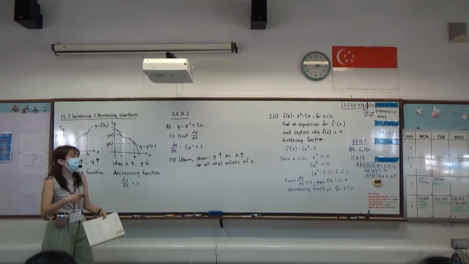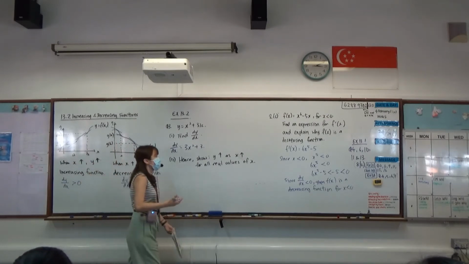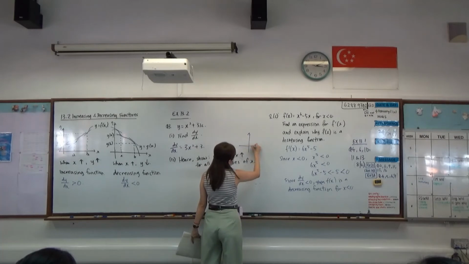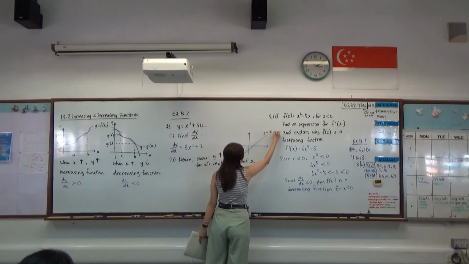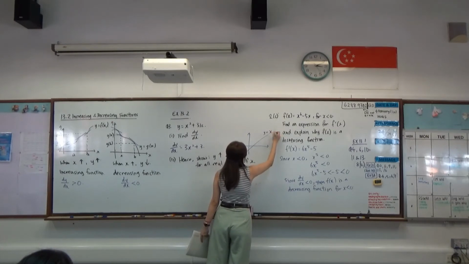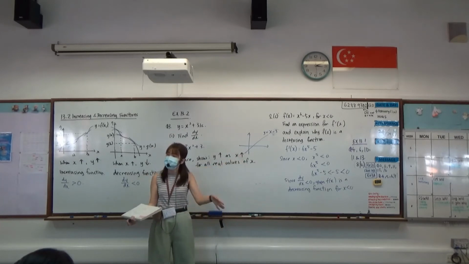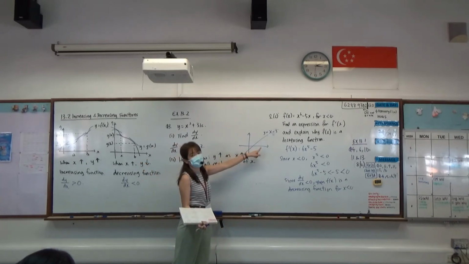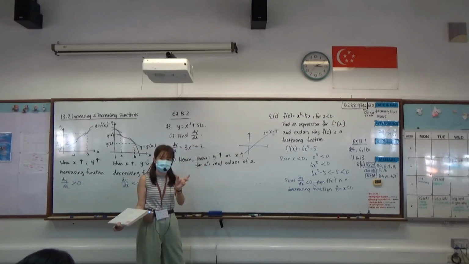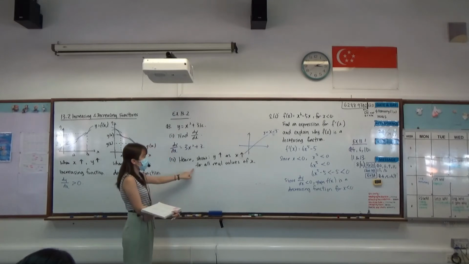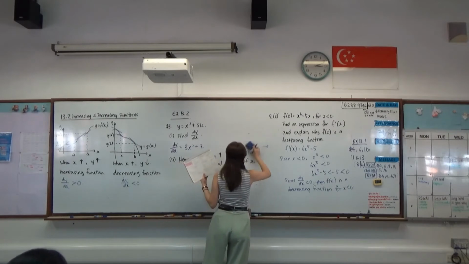An example where our function is always increasing would be something like a linear line. Let's say y equals x minus 5. A linear line is an example where it is always increasing regardless of what value of x you see. Unlike how we saw y equals x squared, where it is only increasing at specific values of x. So this is what this question is saying. And let me just erase this.